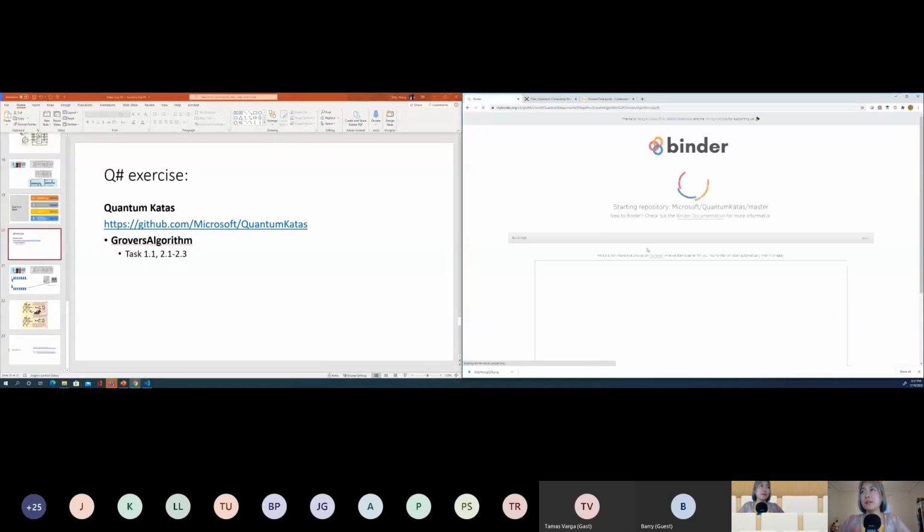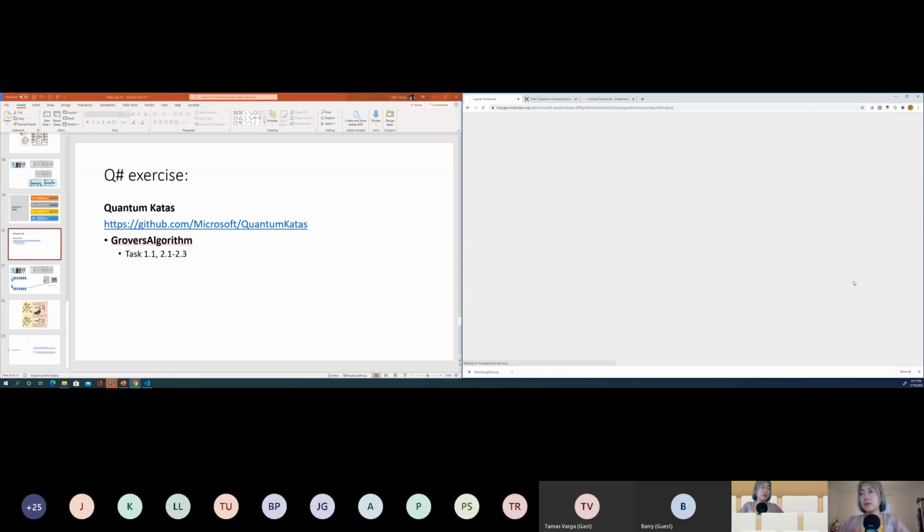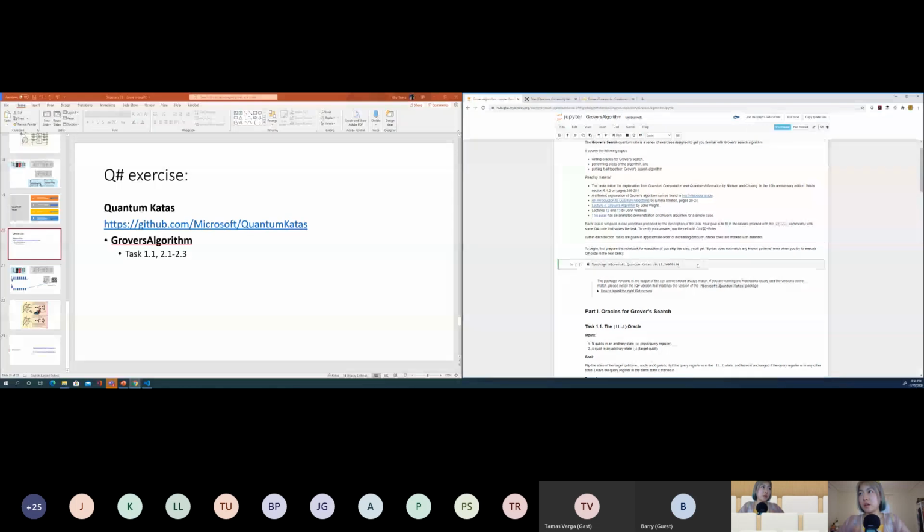Also, I think we can probably spend a couple of classes on Grover's. If we don't get to finish everything, we can continue next time. There is so much interesting work around that. Hopefully, Jupyter is not too slow. I mean, Binder is not too slow today.